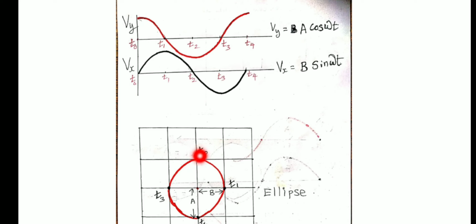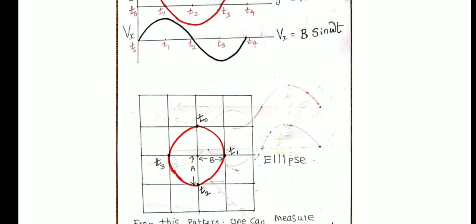So when Vx is 0, Vy is maximum, the luminous spot appears here. Because Vx is 0, it will not move in the horizontal direction. Vy is maximum, hence it moves in the vertical direction to the maximum point.